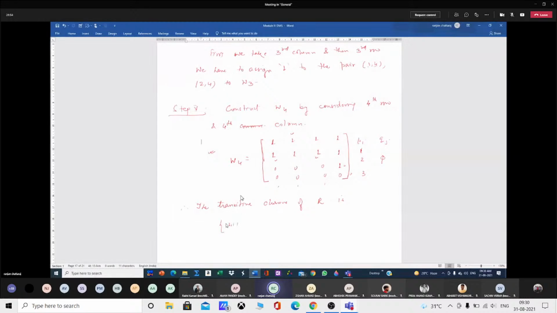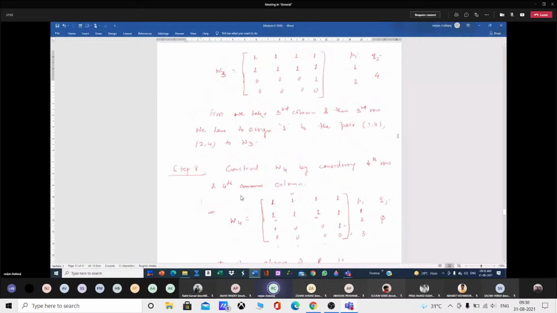So we have 1 1, then 1 2, 1 3, 1 4, 2 3, 2 4, and 3 4. Okay. So you see here, this is the first row 1, second row, third row 1. So let me see the previous result.